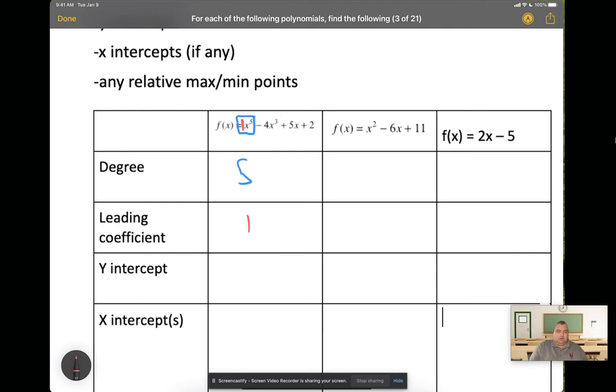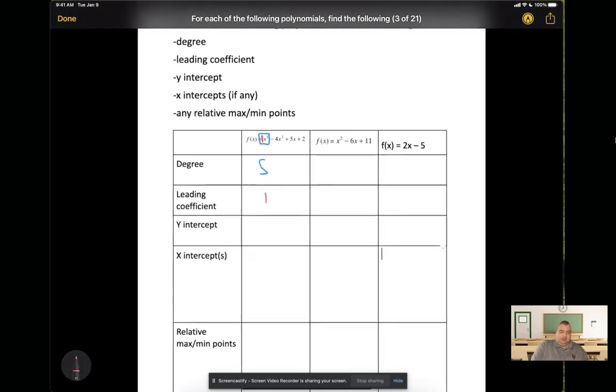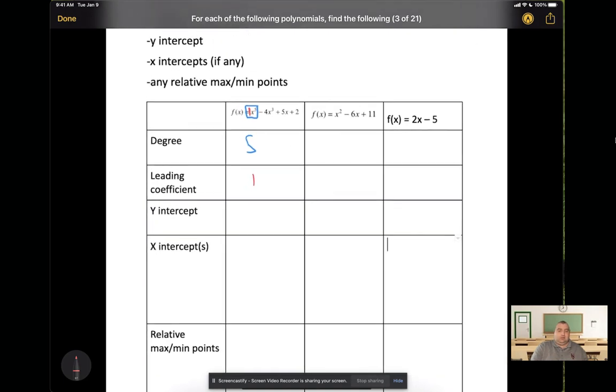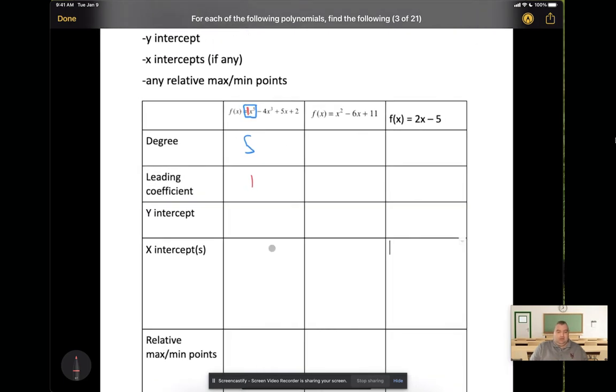Okay? Now for the other three, for the y-intercept, the x-intercepts, and relative max or min points, we are going to use Desmos. So I'm going to take this polynomial and I'm going to graph it on Desmos.